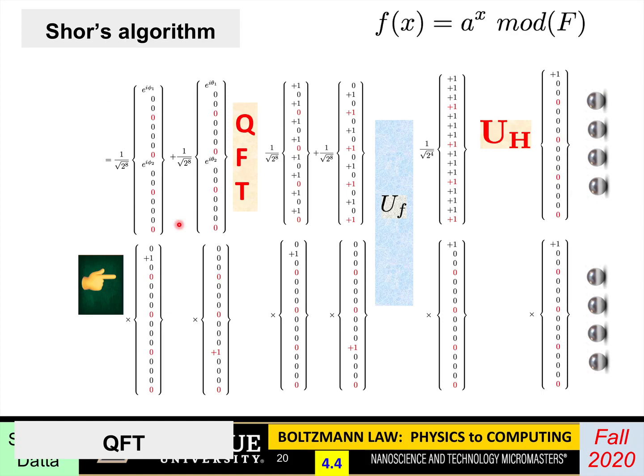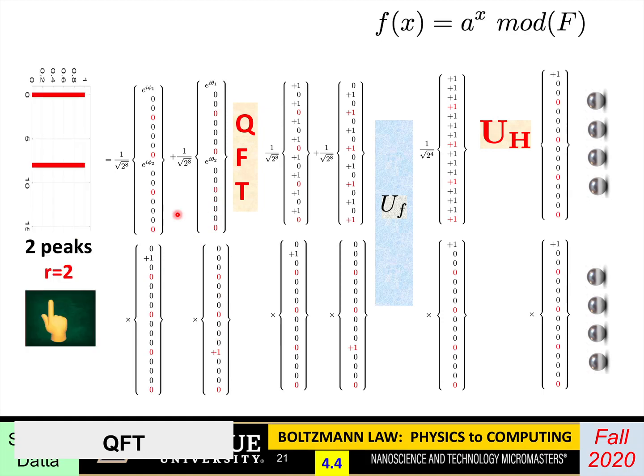After doing the quantum Fourier transform, the main register has two peaks, one Kronecker product with 1 and the other with 11. Those are the two components. Now if you measure the main register, you'll see two peaks, and when you see two peaks, you conclude that R is equal to 2.